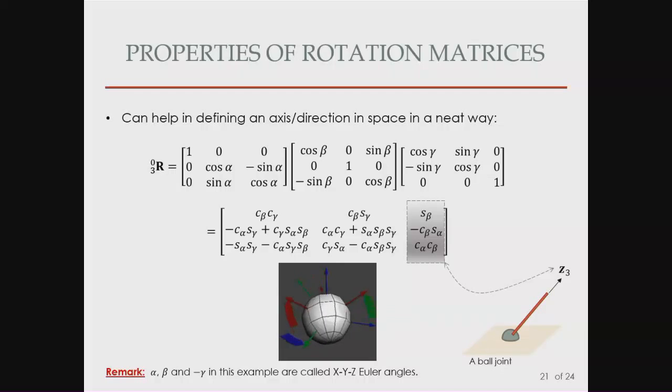I can just look at this last column, which is the z of the coordinate system attached to the sphere, expressed in, let's call it the 0 coordinate system, or the one that is not moving. A bit confusing, I know. Digest it a bit later. All right, do you have any questions so far? Do you understand something?